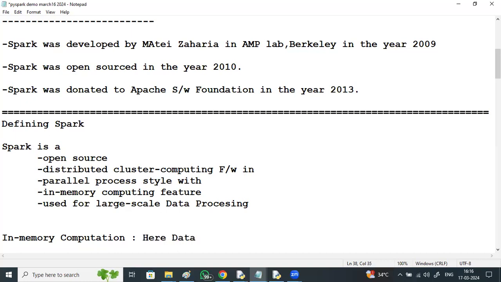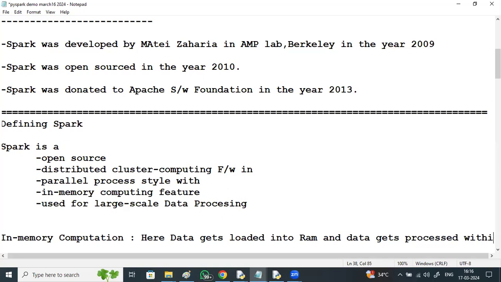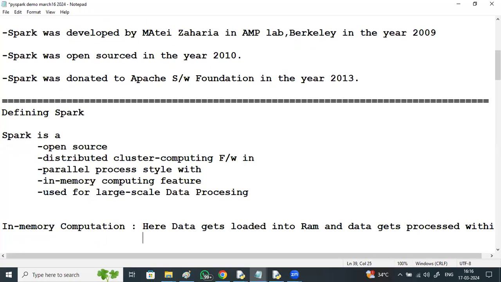In in-memory computation, data gets loaded into RAM, not into disk, and data gets processed within RAM.